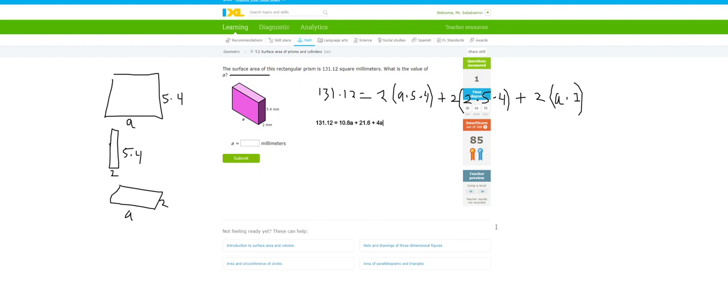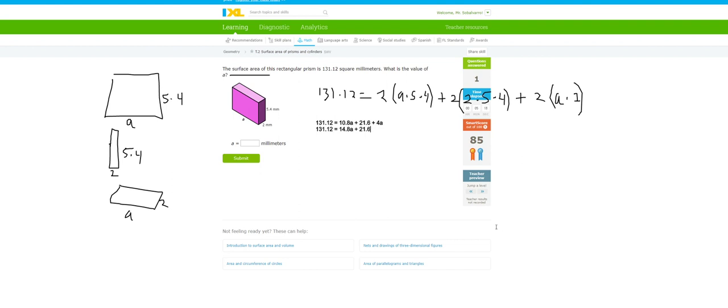There you go. So now you're going to combine like terms. I'm going to have 131.12 equal to, and the ones that I can add here are 10.8A plus 4A, that's 14.8A, plus 21.6.